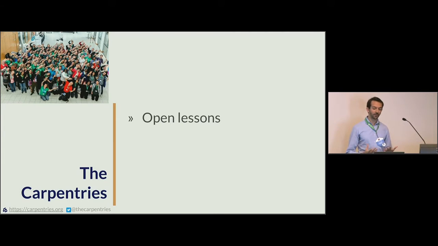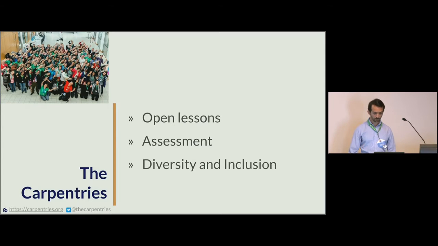Some of the characteristics of our organization are that all our lessons are open. Anyone can contribute to them, anyone can use them and teach from them. We have a strong culture of assessment where we assess our learners before the workshop, after the workshop, and 6 months after a workshop, and we try to evaluate the impact that the workshop has on their learning and their skills.